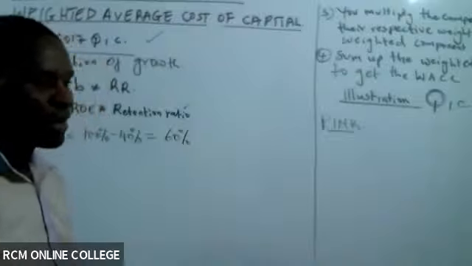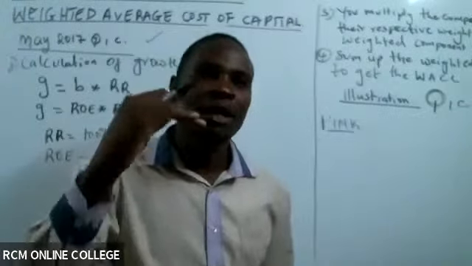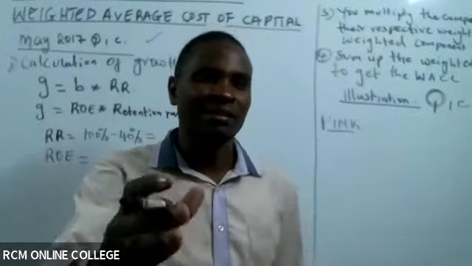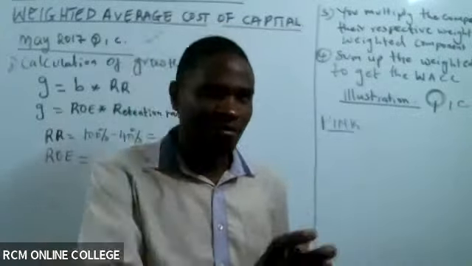Remember, this is return on equity. Nani anaweza nipatia formula ya return on equity? Our shareholder, what is the ratio? Ni nini wanagawana? You have invested in a certain circle. What are you expected to get?